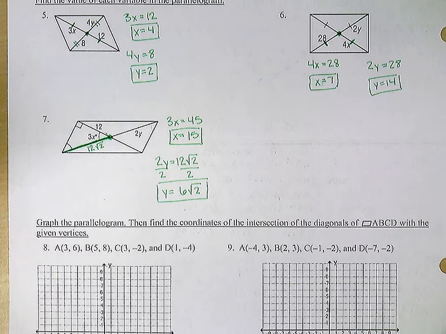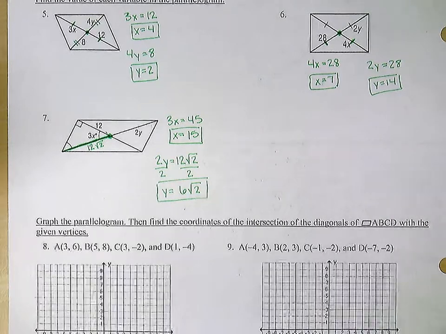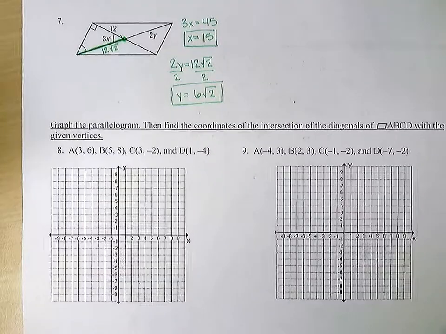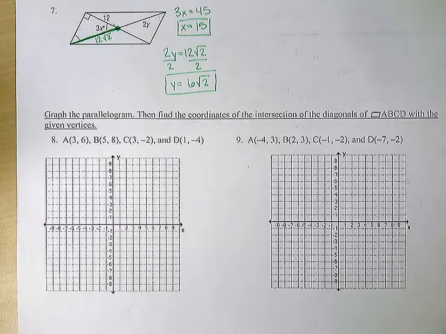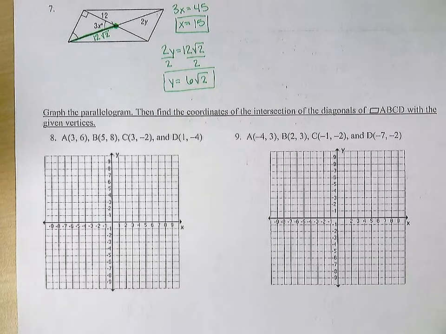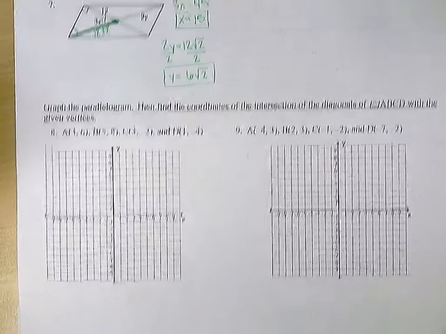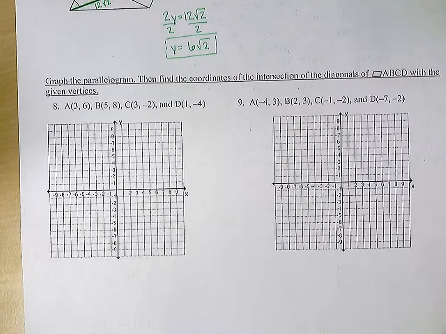Okay, then the last part here, we're going to graph parallelograms. Then we want to find the coordinates of intersection of the diagonals. First, we want to graph each of these points. So if you haven't yet, graph points A, B, C, and D in number 8.